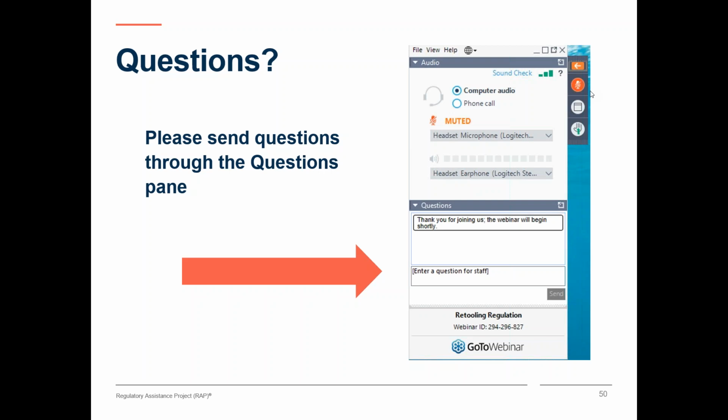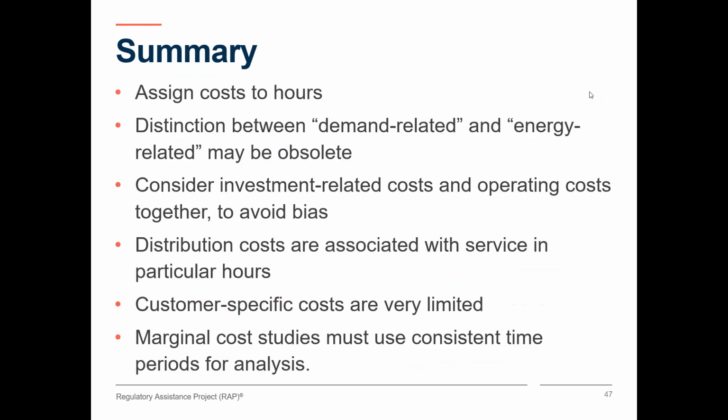So I think we're done with questions here. I'm going to touch on our summary issues one more time. Costs should mostly be assigned to the hours for which they're incurred. The distinction between demand-related and energy-related costs is probably obsolete and needs to be replaced with hourly analysis. We need to consider investment-related costs and operating costs together to avoid bias when we're dealing with new resources that have little in the way of operating costs.